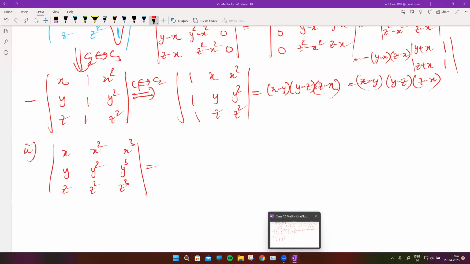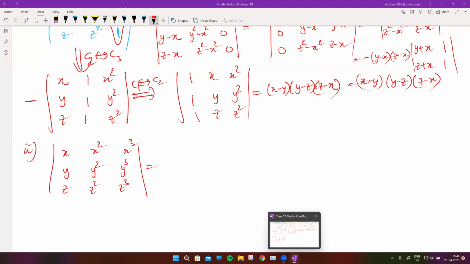Can we take something common? Can we take something common from first two? X square and x cube. We can take x common, no?